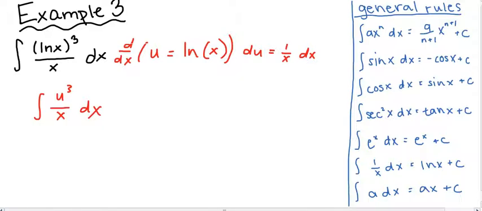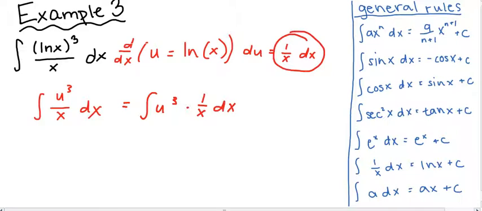You may think you're stuck, but if you look at the integral, you may realize that you can rewrite the integral as u cubed times 1 over x dx. You then realize that these two parts match and it's your du. So then you can rewrite it as the integral of u cubed du.